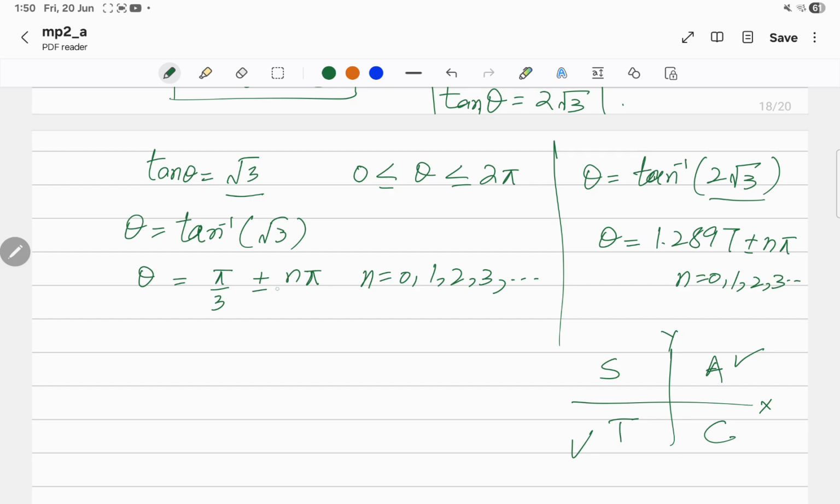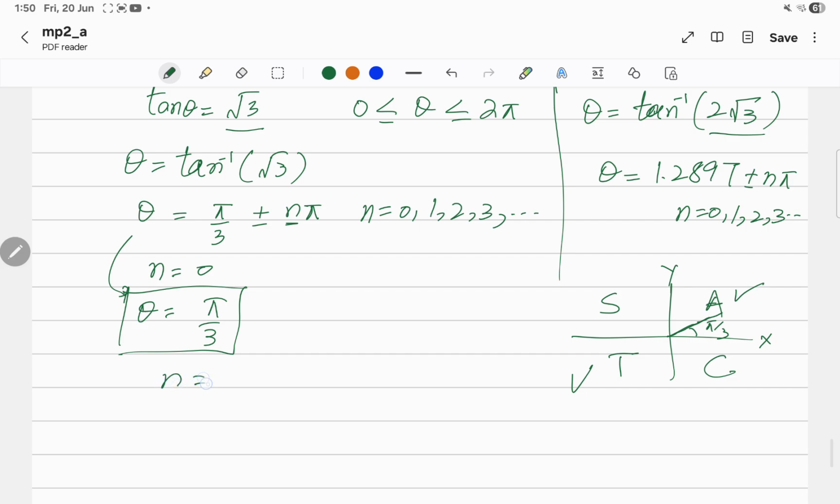So when you put n equals 0 in this function, you'll get the value in the first quadrant. When you put n equals 0 in this one, then theta will be pi by 3 plus 0 times pi is 0, so the first value is pi by 3.